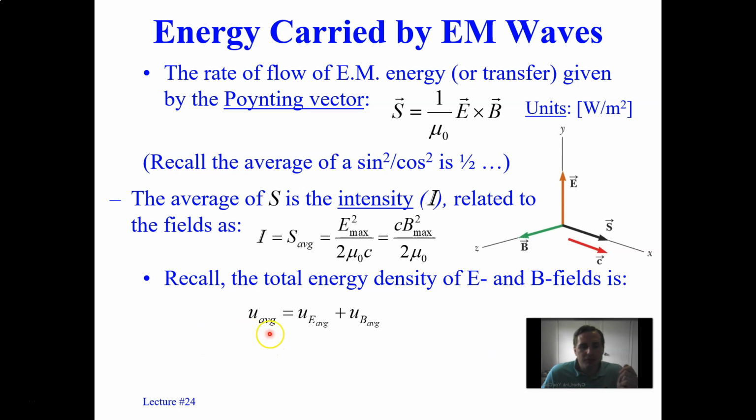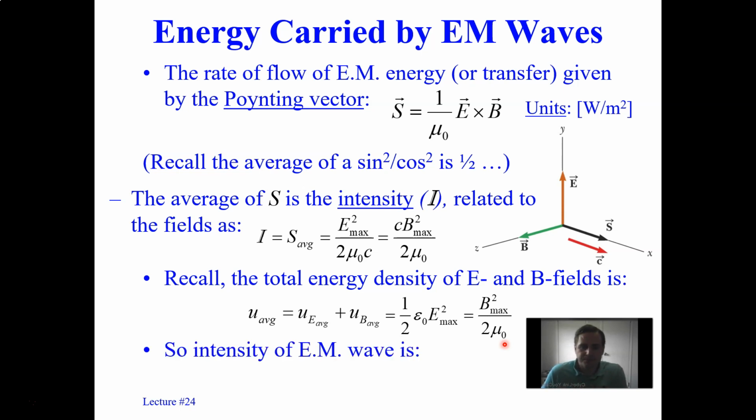So if you calculate this average energy density, notice that it's going to be 1/2 epsilon naught E max squared, and that's going to be equal to B max squared over 2 mu naught. Notice that it comes out of the equations for energy density calculated from a capacitor or a solenoid, that is, for either an electric field or a magnetic field.